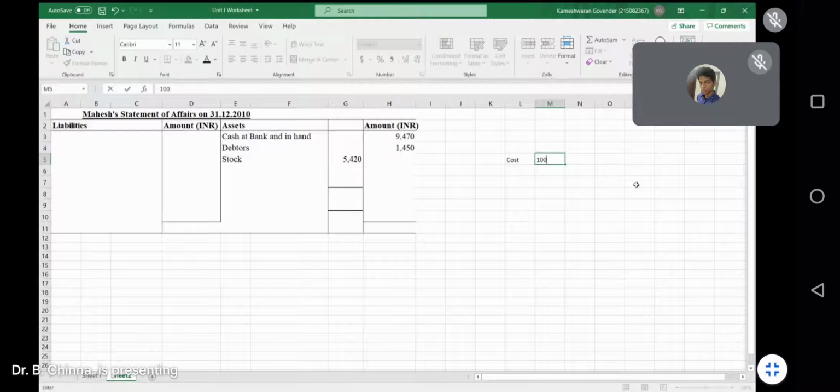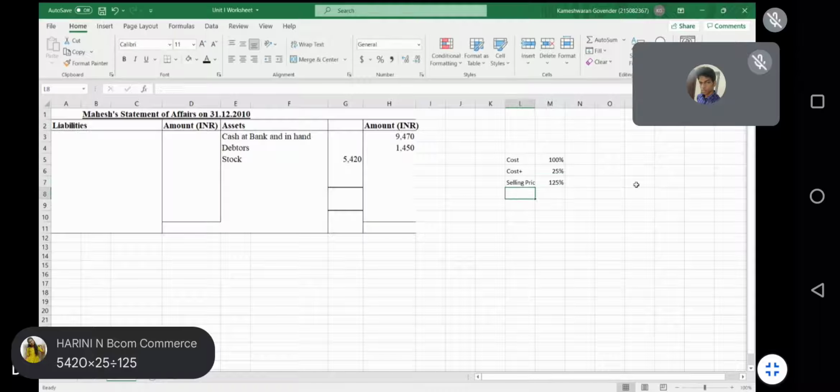Simple. Cost is 100%, and the additional profit is 25%, so the selling price is 125%. Is that clear? Is this what was informed, right?